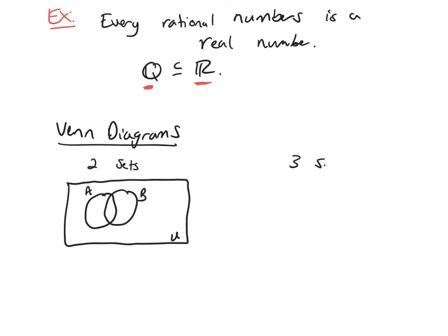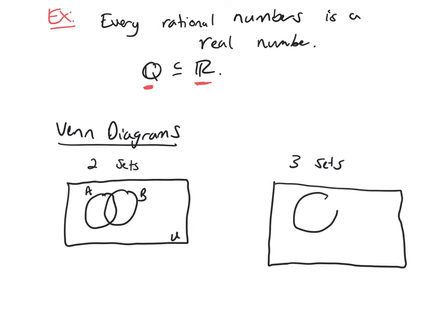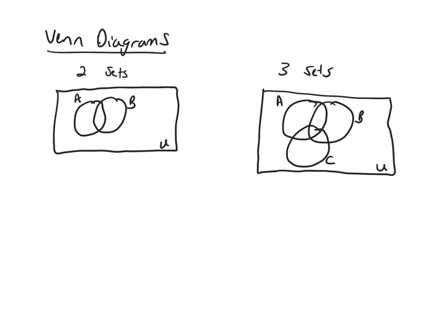And if you had three sets, your Venn diagram looked a little bit different. It still had a box, but now I have three circles, A, B, and C. And again, this set U is the universal set.